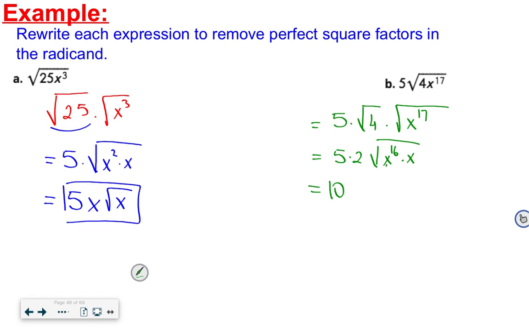And x to the power 16 can be taken out of the root as x to the power 8. Why? Because 16 divided by 2, 2 is the degree of the root. So x to the power 8 can be taken out of the root. And what is left inside the radical? X. So 10 times x to the power 8 times radical x is the simplest form of this expression.